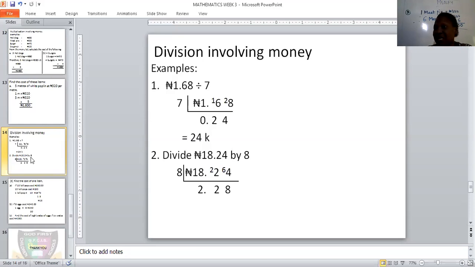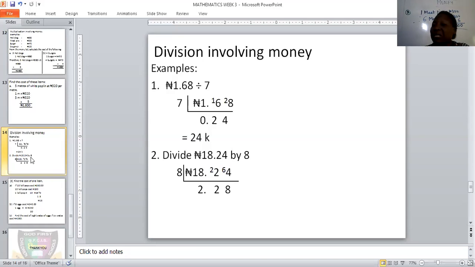You know, division means to share a certain amount of money between 2 people, among 3 or more than 3 people. Now you are told to share 1 naira 68 kobo among 7 people. How much will one person collect? One person will collect 1 naira 68 kobo divided by 7.